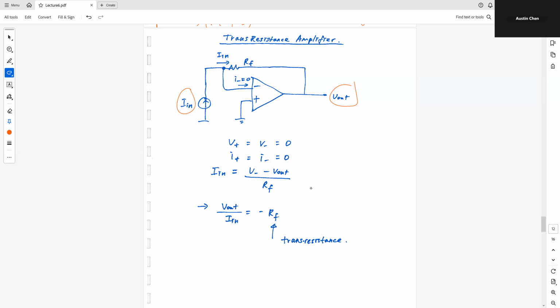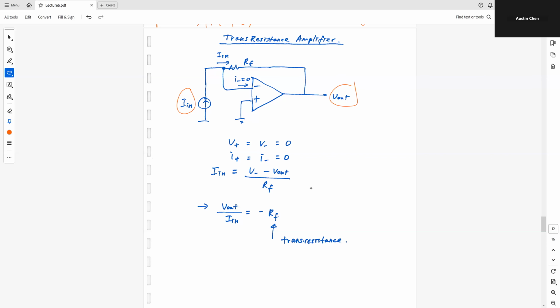Again, I'm going to skip this virtual short sanity check, as we have done this several times. The first thing you need to ask yourself is, do you have a virtual short? So you have to check AOL and also the negative feedback.